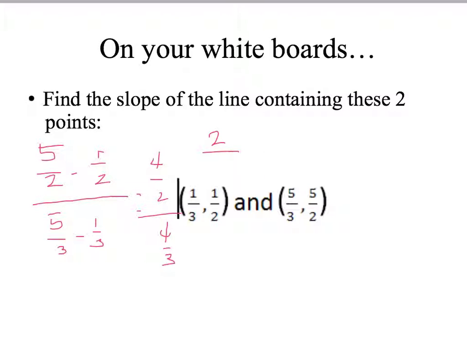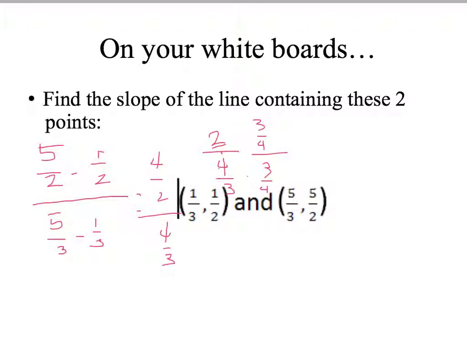Now, I could plug this in the calculator, or I could figure out how to deal with fractions. So let me show you. The numerator is the same thing as 2 over 1. We have a complex fraction. To get rid of the denominator, we're going to multiply the top and the bottom of this fraction by 3/4, the reciprocal of 4/3.